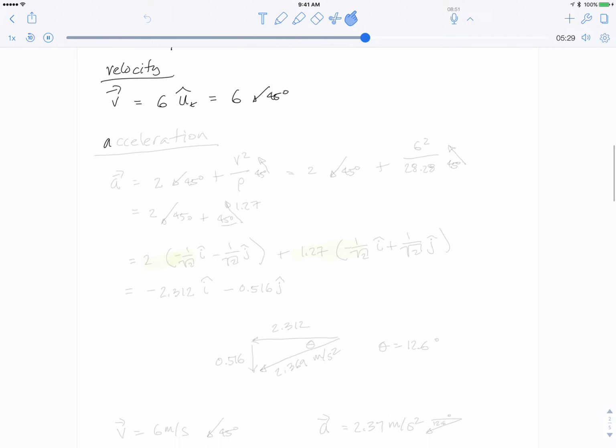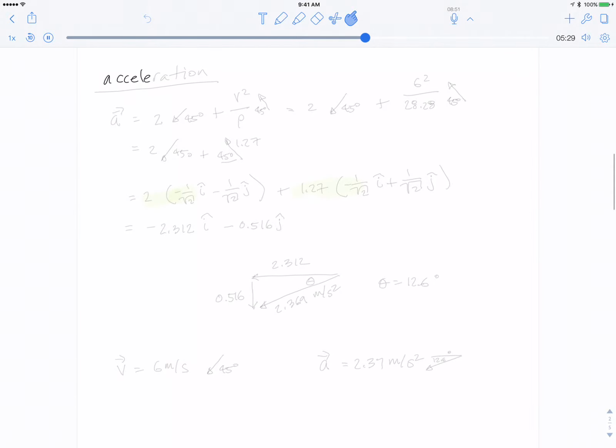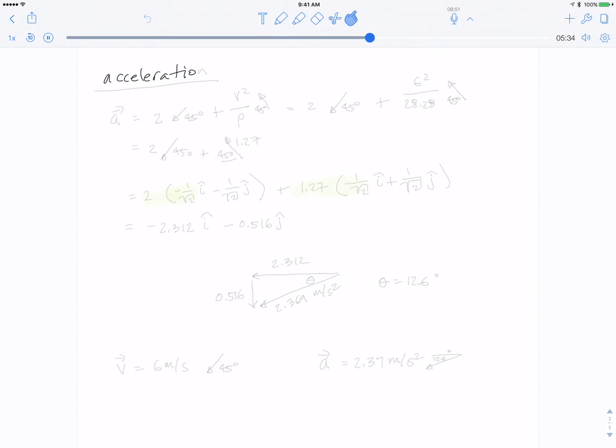The acceleration is given by v dot, which was 2, in the tangent direction, plus v squared over rho in the normal direction.